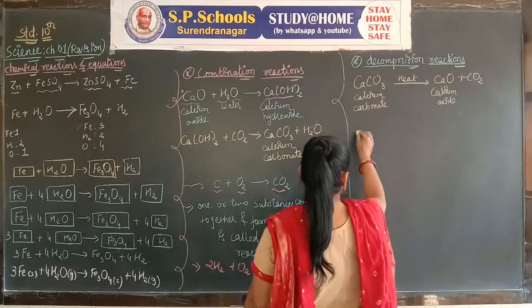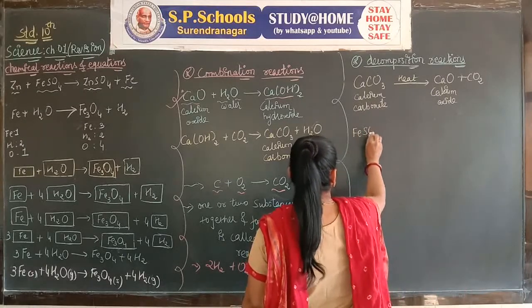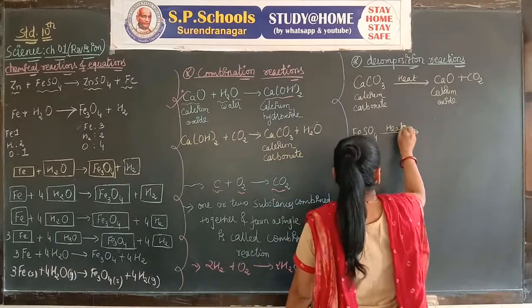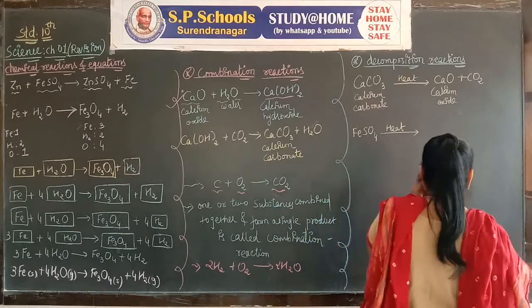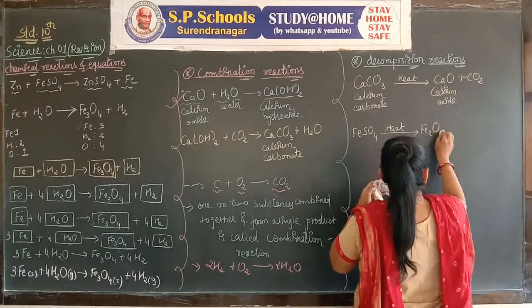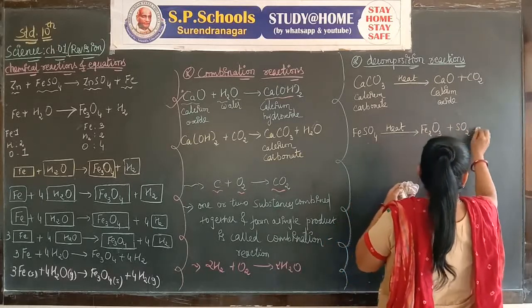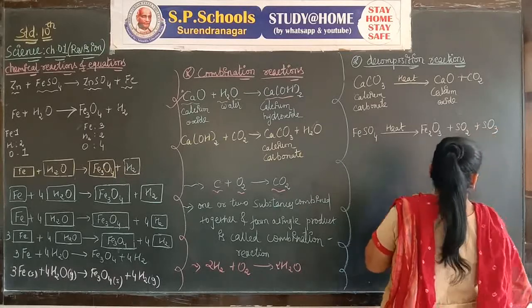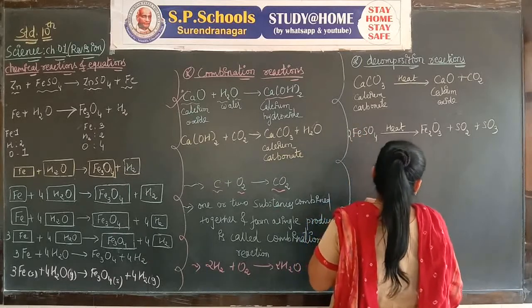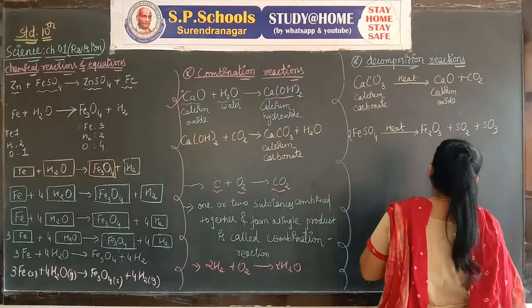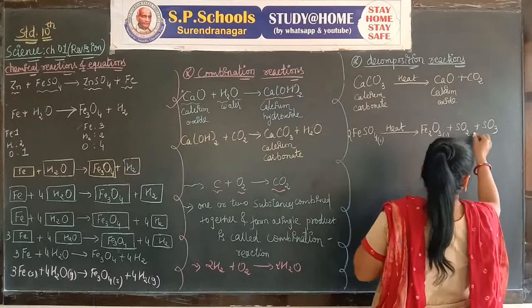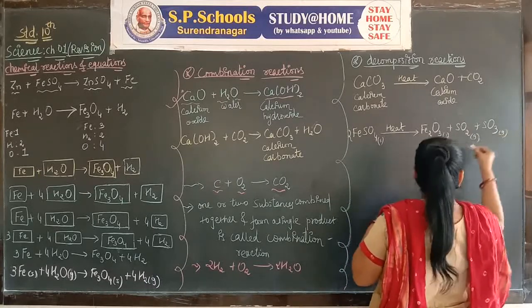Let's take another example. When heat is passed through FeSO4, it will be converted into Fe2O3 plus SO2 plus SO3. To balance the equation, we put 2 before FeSO4. Here the conditions will be FeSO4 solid, Fe2O3 solid, gas, gas.